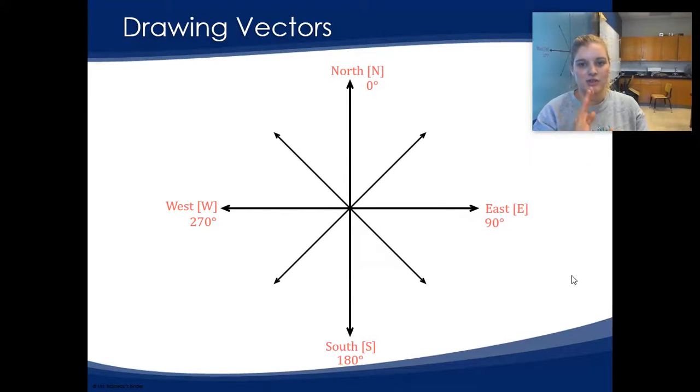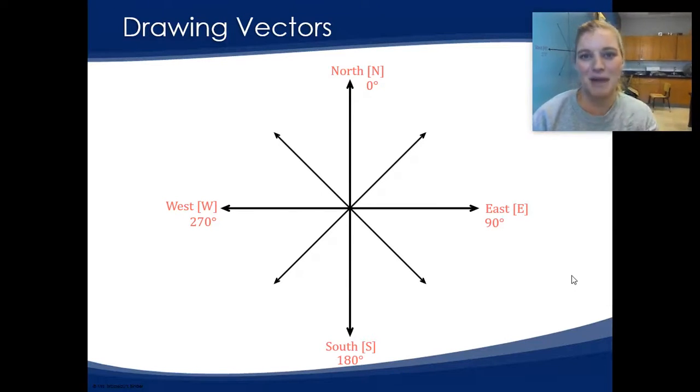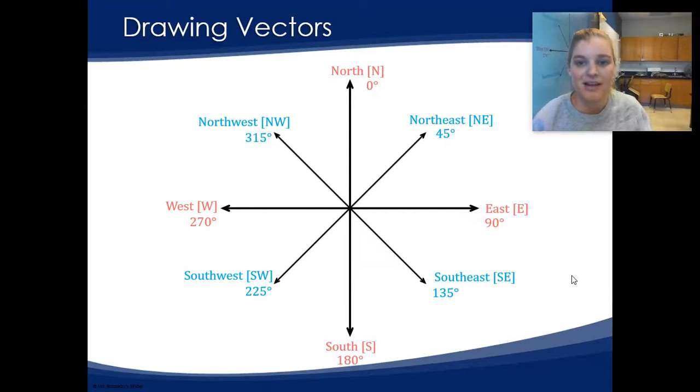But what we're actually going to do is start at north and go clockwise around. That's just because physics is using math in the real world, and in the real world, we think of north as straight ahead. Then you have your sub-directions: northeast, southeast, southwest, northwest, and they are at 45-degree increments between those main 4 directions, your cardinal directions, if you will.